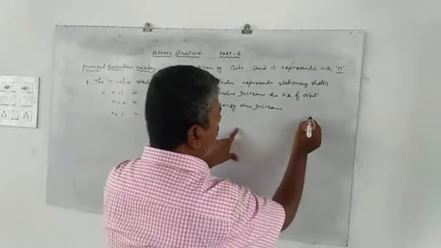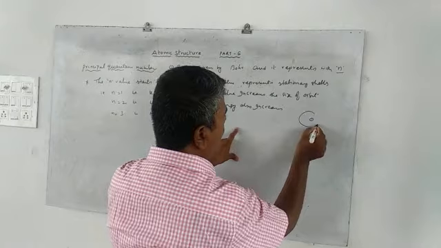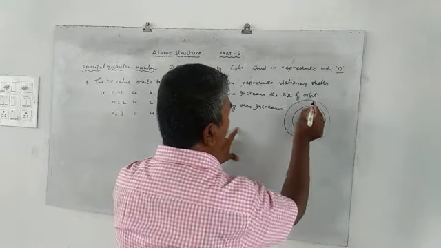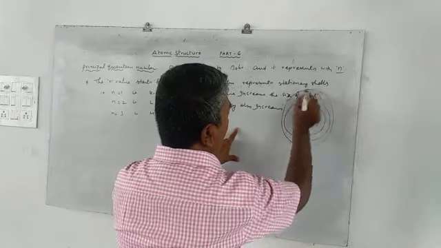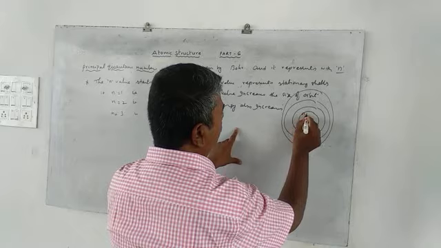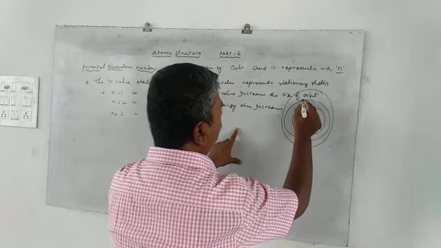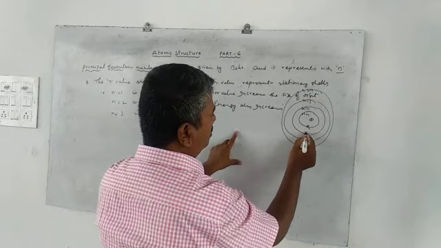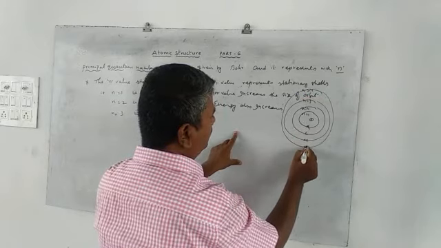That means this is the nucleus, first orbit, second orbit, third orbit, fourth orbit, like this. This is the nucleus, where n equal to 1, n equal to 2, n equal to 3, n equal to 4. That means this one is K shell, L, M, N.